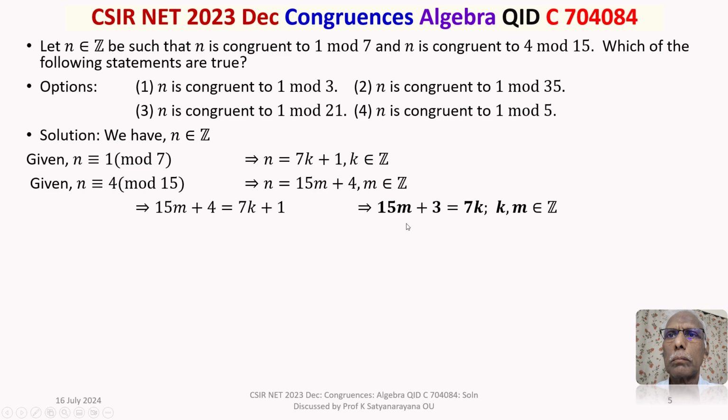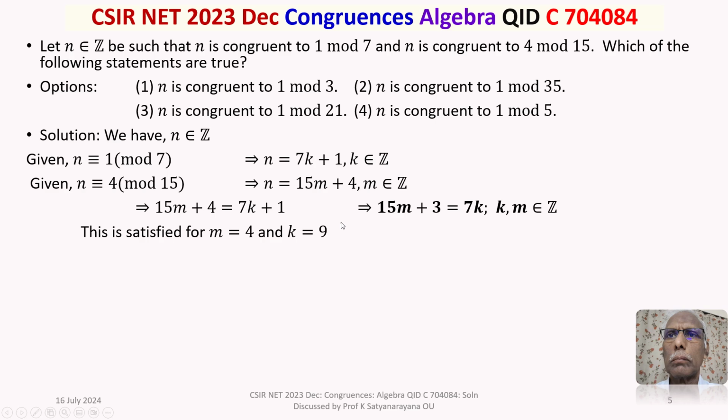By observation, when m is equal to 4, 15m plus 3 is 63. Then I take k equal to 9, since 7 nines are 63.